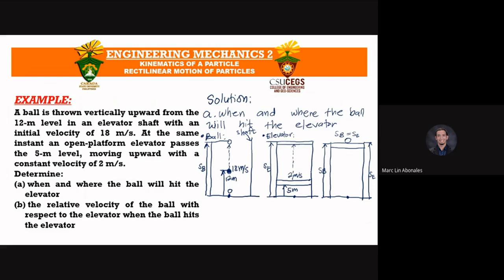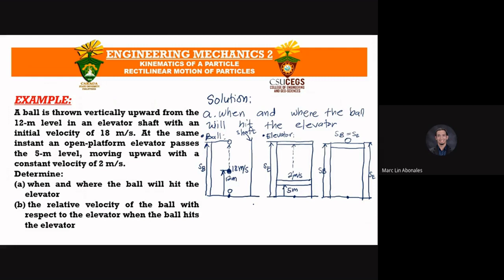And for this one, since naa naman tayo illustration, we can now identify the equation or pangitawon naton sa equation natong gamiton to solve this problem. Since this is a free-falling body, we need to use the equations na ginagamit nato before if the acceleration is constant.